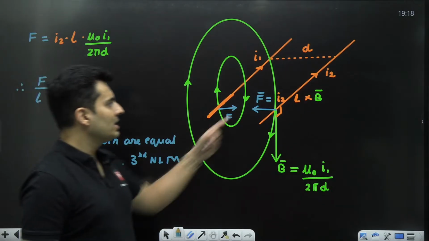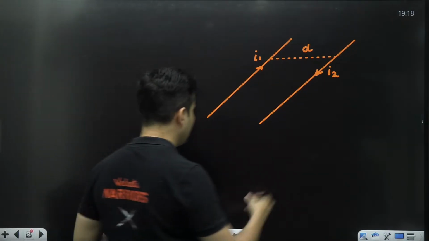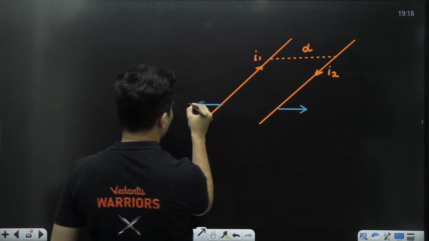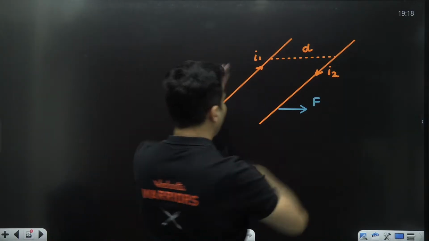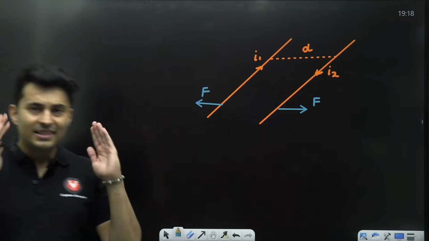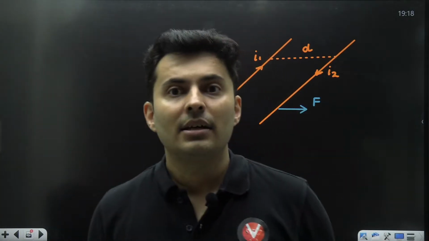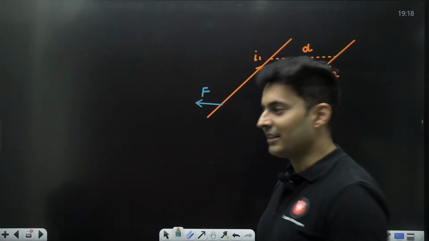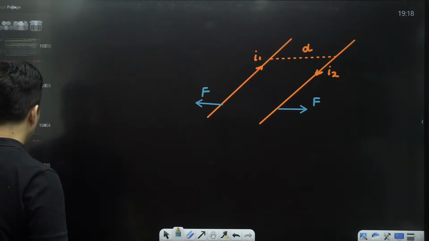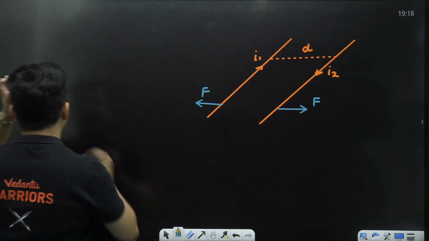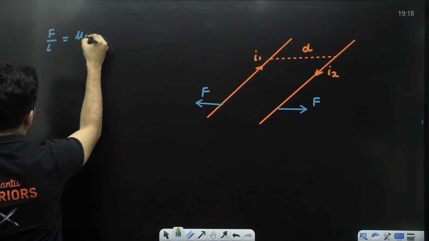If the direction is the same, it is attractive. Naturally, if the direction is opposite, it will be repulsive in nature. So the forces will try to repel the currents. Same will attract, opposites will repel. Exactly opposite of electrostatics.